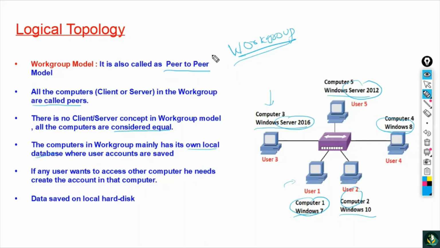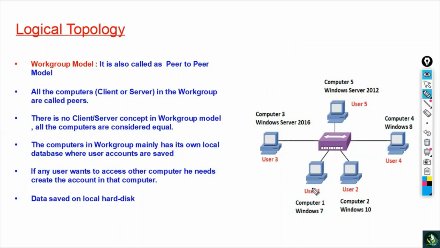So guys, in workgroup model, all the computers save the username and password on the local database. Let us say on computer 1, user 1 is sitting. User 1 is using this computer 1. So you have created the user 1 account and the password is 123. You have created the user account for this user 1.